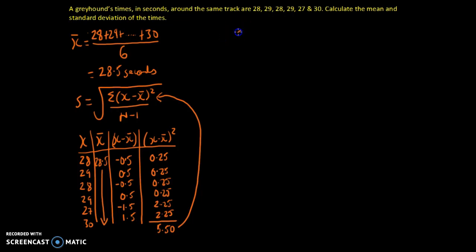So if I carry on up here, s, or standard deviation, is going to be the square root of 5.5 divided by, now remember n was the number of bits of data, so there are 1, 2, 3, 4, 5, 6 times. So it's 6 minus 1.